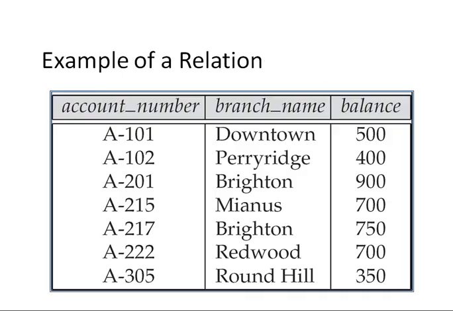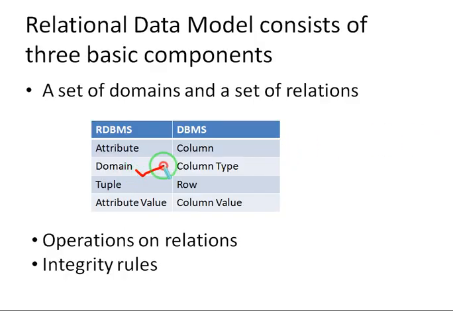What is meant by domain? Let's take an example of the balance attribute. In the balance attribute, which type of data do we store? Yes, numeric data. Therefore, the data type for this attribute is an integer or numeric value. So, in RDBMS, this is termed a domain, that is, the column type.